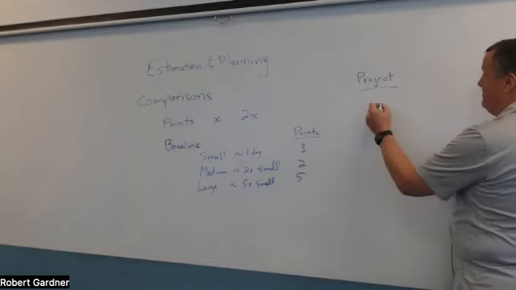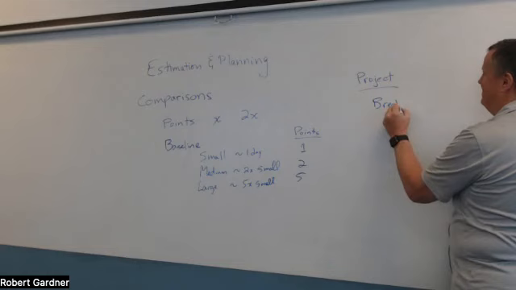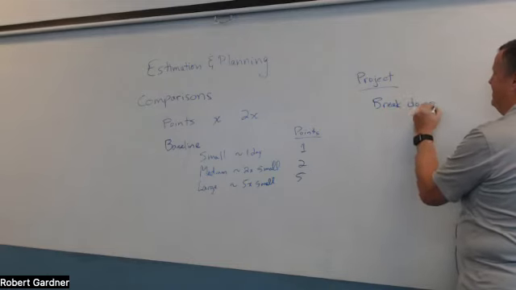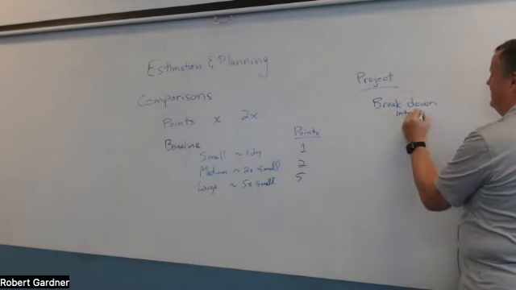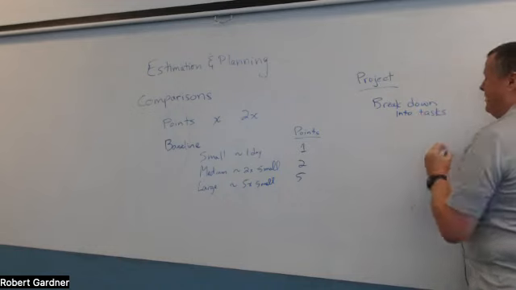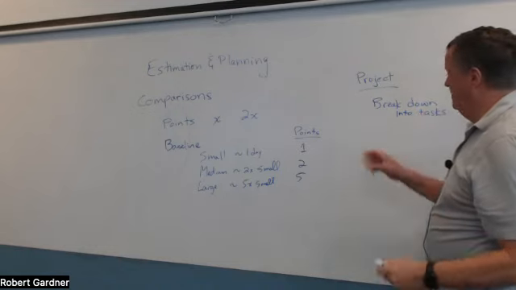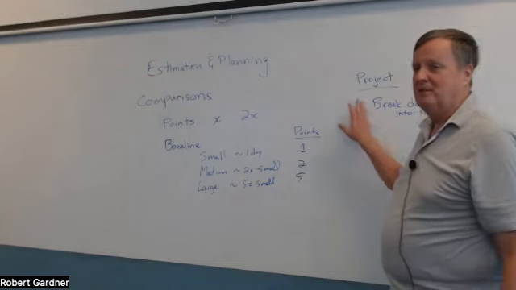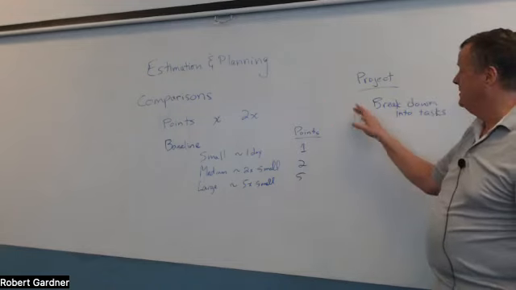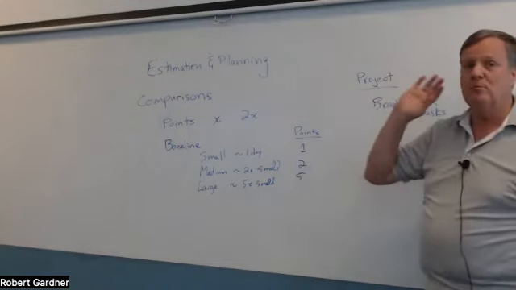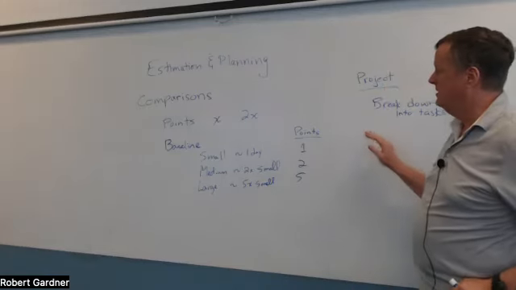First, I have to break it down, right? So I have to break this down. Usually you have one member of the team just sit there, maybe the tech lead, and take this project, and they'll try and break it down into smaller tasks.